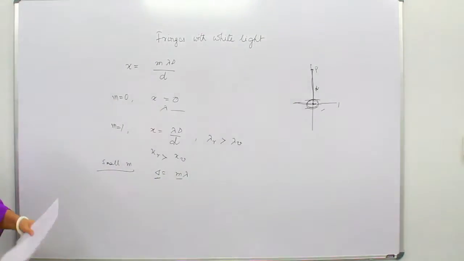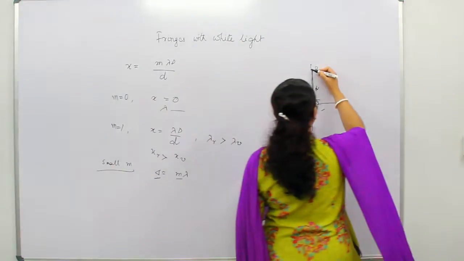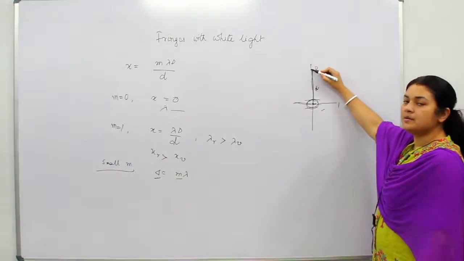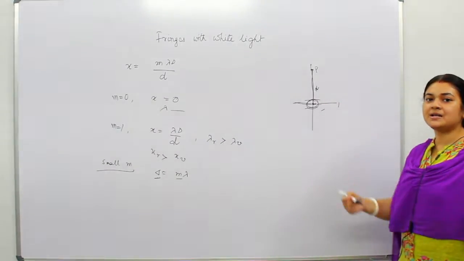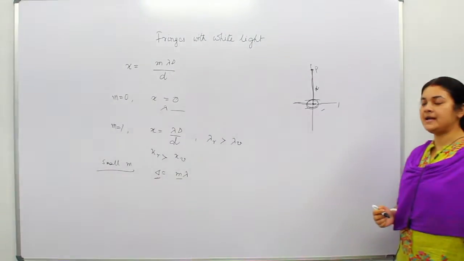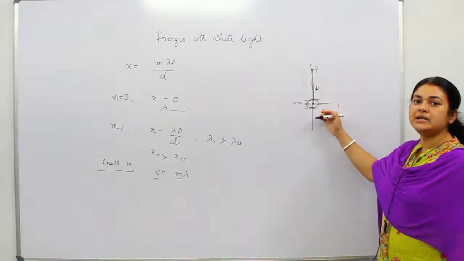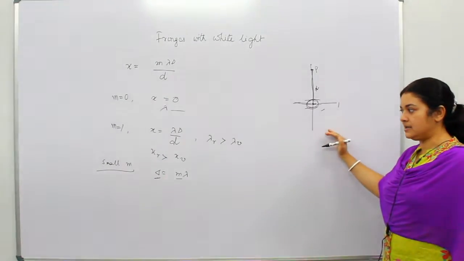So in that condition, at a particular point, both the conditions for constructive and destructive interference may be satisfied at a particular time, and thus we will get uniform illumination rather than any particular color.